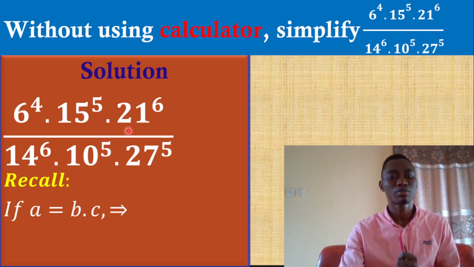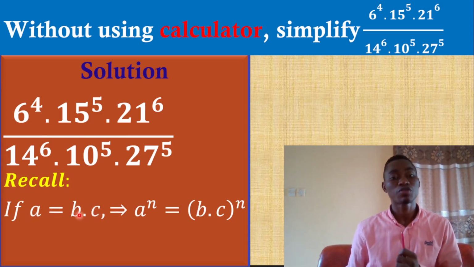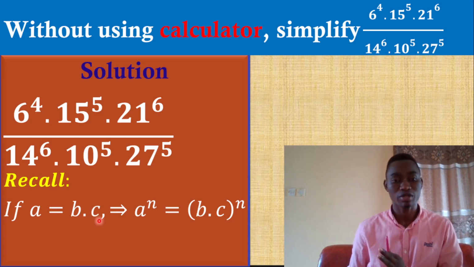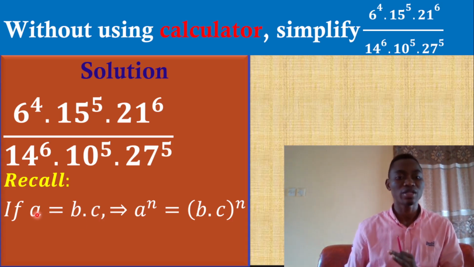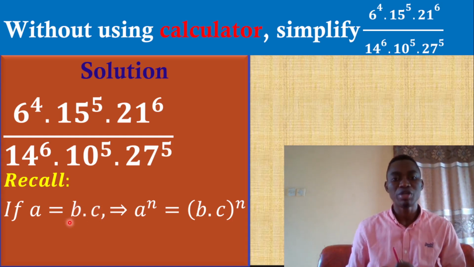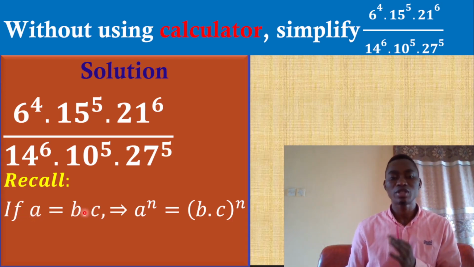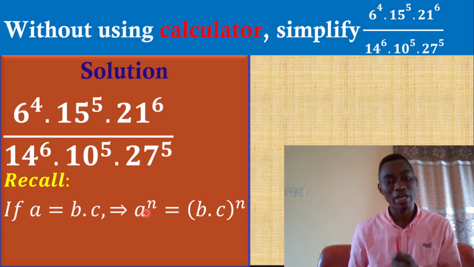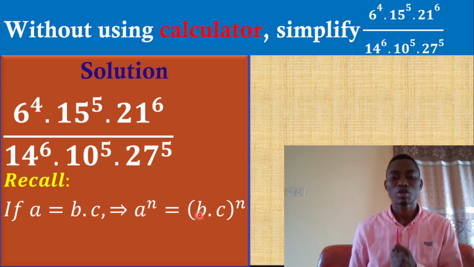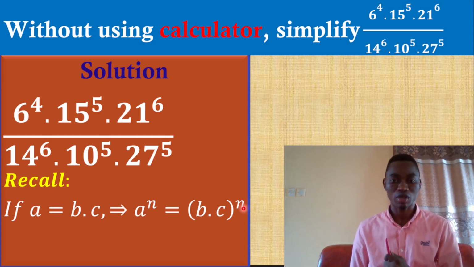If we have a number A such that A is equal to B times C, for A, B, C elements of real numbers, so B and C multiply to give us A, then it implies that A raised to the power of n is the same as B times C all raised to the power of n.